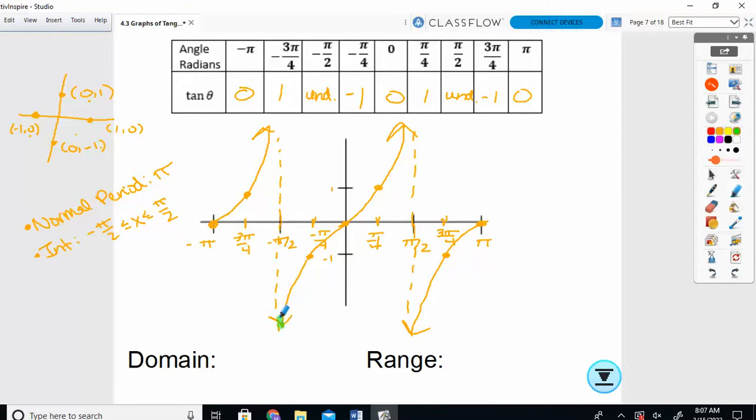So if I just ask for one period, you don't even need everything I graphed there. But that's a nice interval because we have asymptotes at the end and then just a nice complete graph in the middle instead of trying to do a piece, put an asymptote in the middle and do another piece. So that's why I had you graph some negatives here so we could see that.